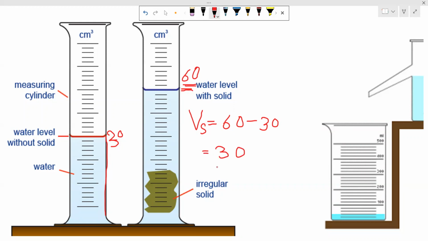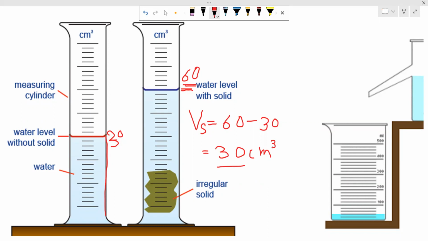The unit is centimeter cube. How will you find the volume? Final level minus initial level. फाइनल जितना था और पहले जितना था उसको माइनस करने से आपको मिल जाएगा volume of the irregular solid.